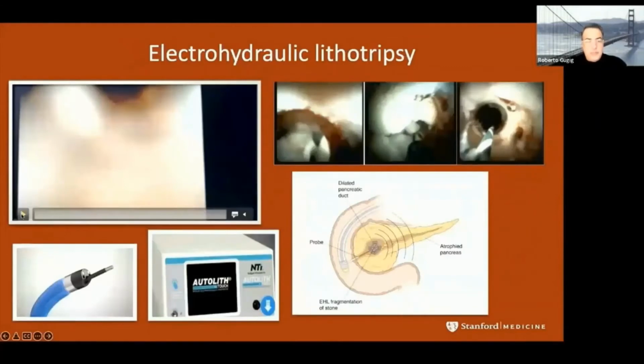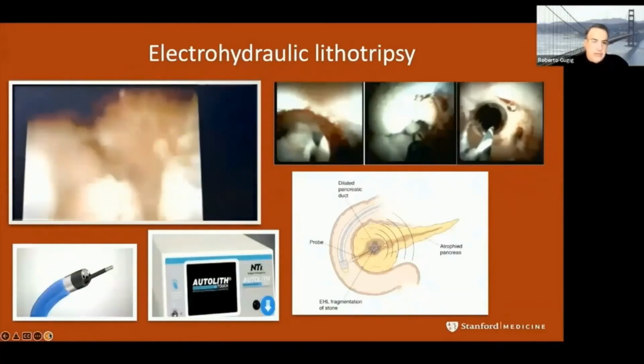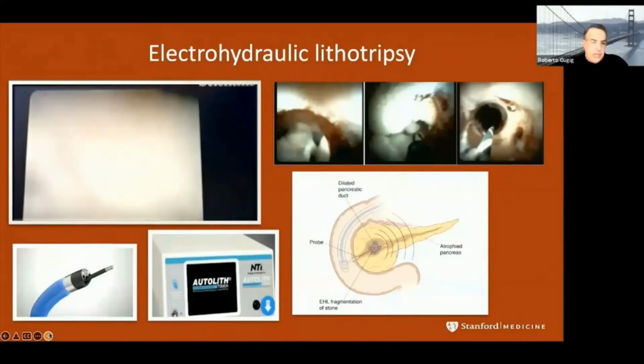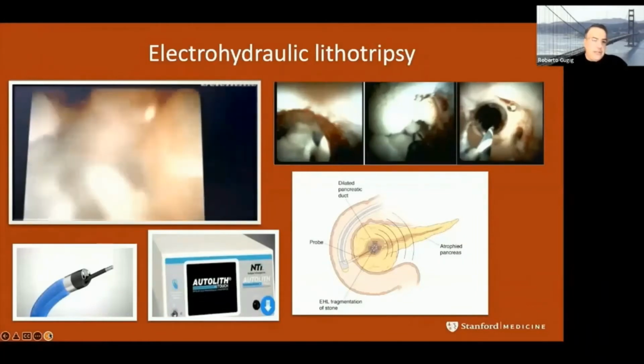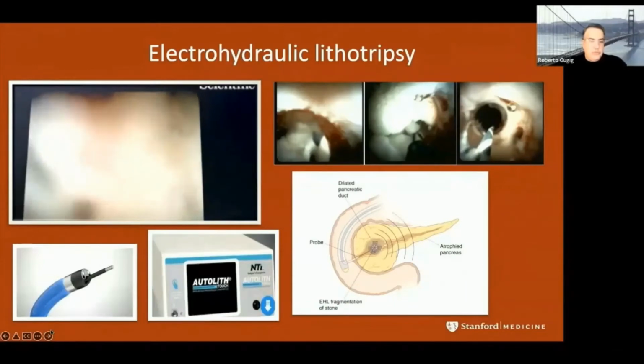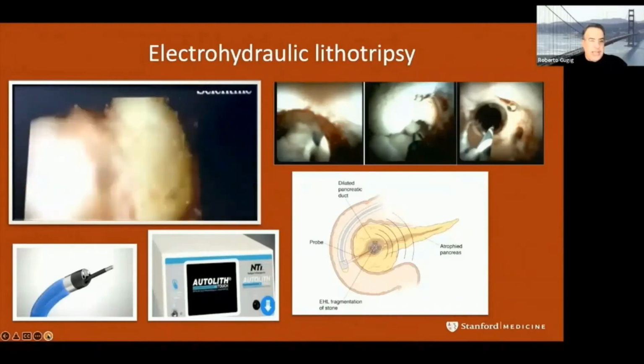So in the majority of patients, we actually do use intraductal lithotripsy, and I'll show you one such case here on the left upper side of my slide with the video. And you can see coming into focus, hopefully, the duct and the stone. I think the images now with these high definition cholangioscopes are really good. And for those of us who are older with gray hair, this is like playing Asteroids.